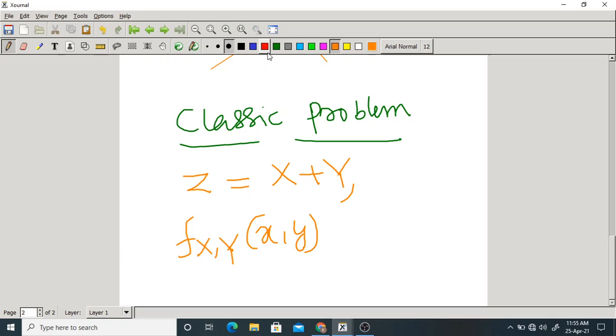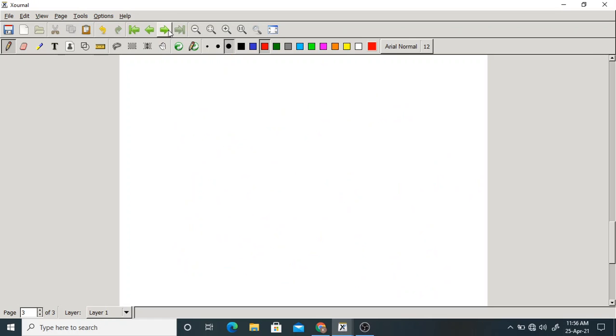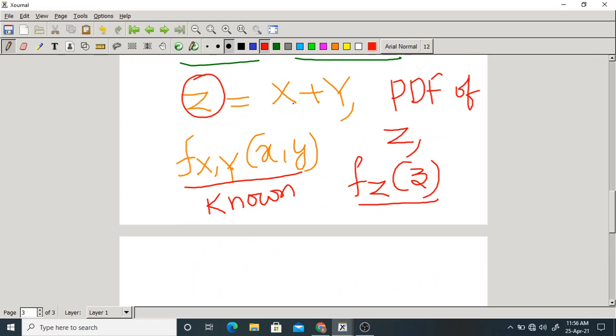What do you have to find out? The PDF of z, that is f z of z. This is known to us and this is unknown. Clear? We have to find the PDF of z, but z is the sum of x and y.